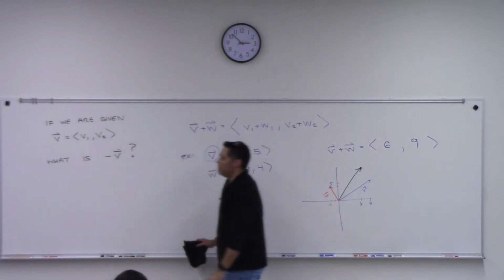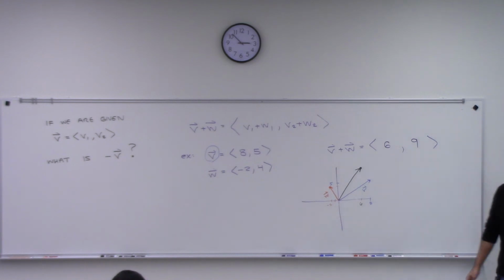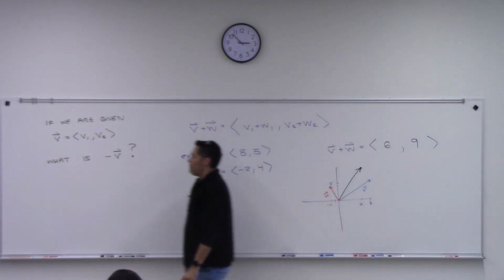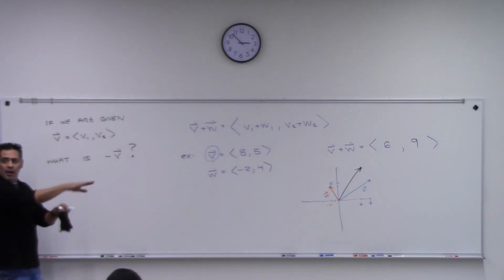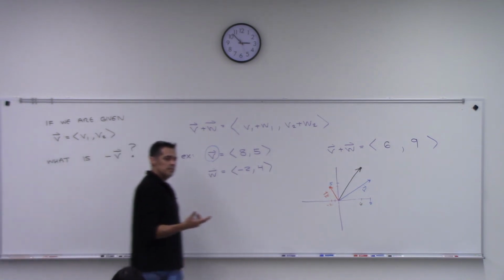What do you think negative v is? I'm just asking you, this is more of a thinking question. V is some vector, right? It's got some length, it's got some direction. What do you think taking the negative of that vector is?